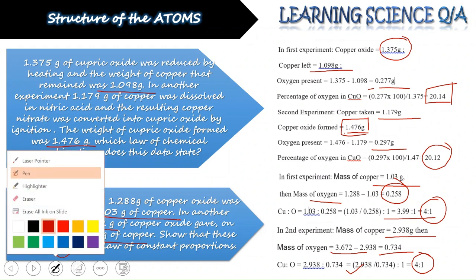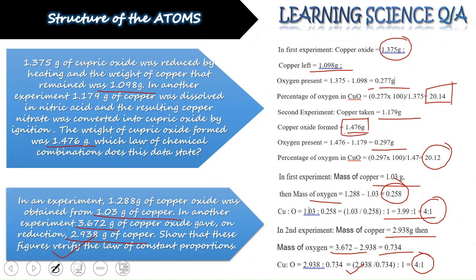Now student, just see one more very interesting thing, why I have taken both these questions. In the first example, we have calculated the percentage of oxygen in copper oxide as 20. That automatically says that the percentage of copper in copper oxide is around 80 and the percentage of oxygen is around 20. So that is already making them in a ratio 4 is to 1, right?